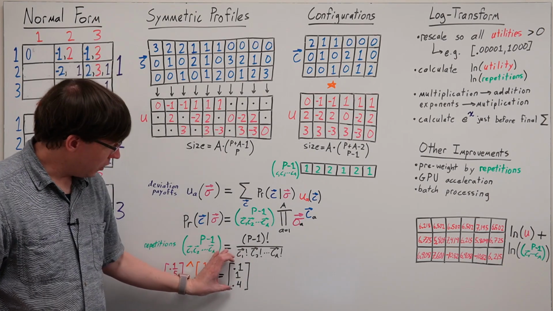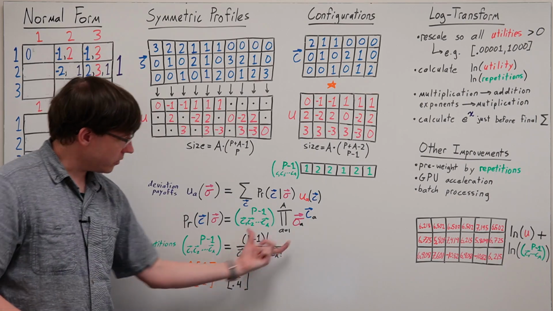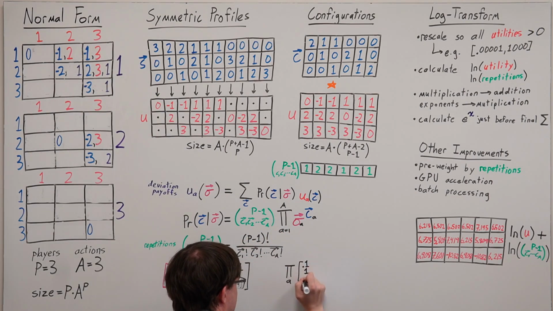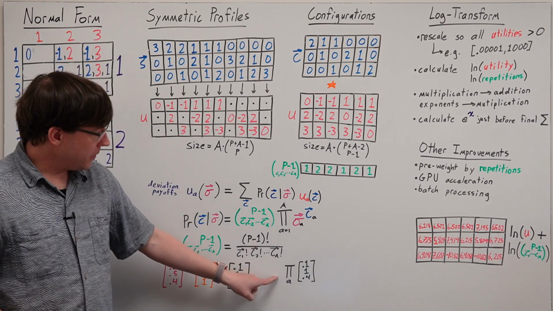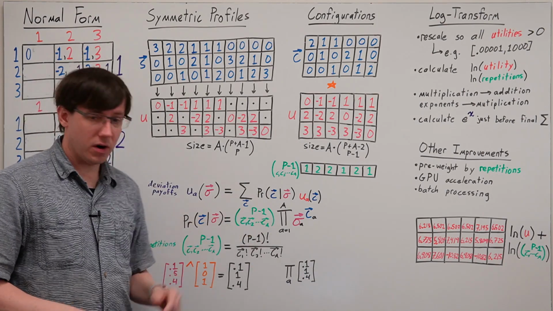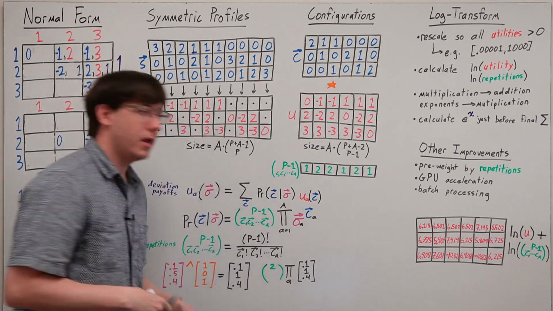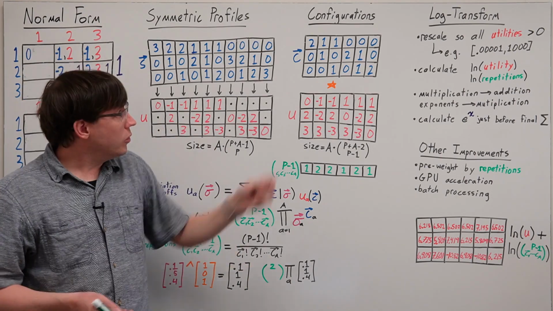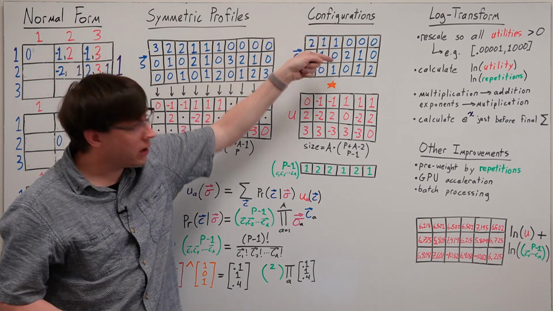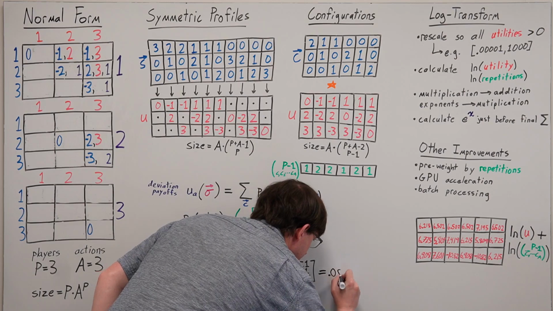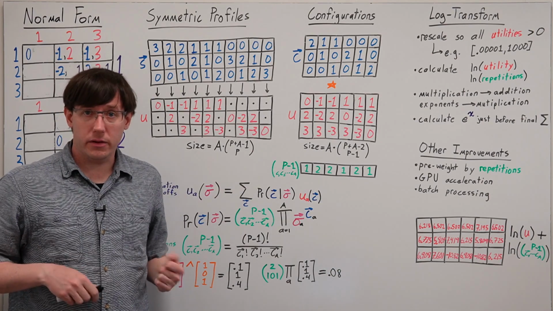And then multiplying the elements of this vector gives us this product. But we know that we need to multiply this by the number of repetitions, which comes from the number of opponents, choose the number of players on each action for this configuration, and this comes out to 0.08.